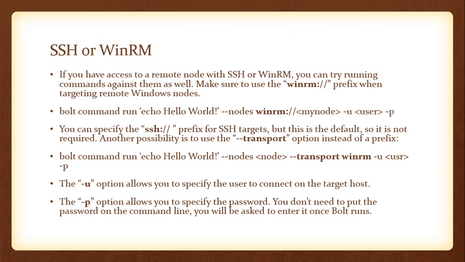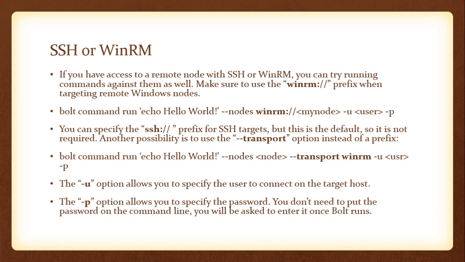Now, we're going to talk about SSH or WinRM. If you have access to a remote node with SSH or WinRM, you can try running the commands against them as well. Make sure to use the winrm:// prefix when targeting remote Windows nodes.